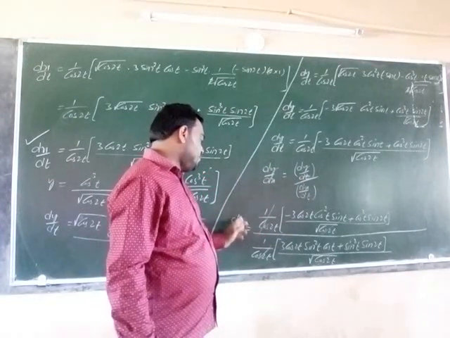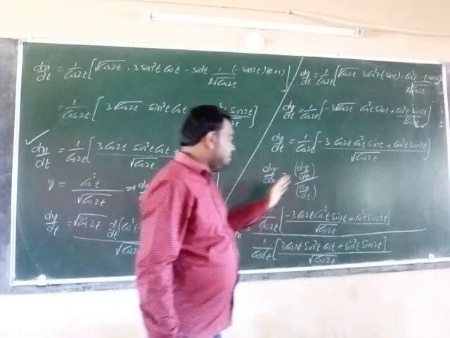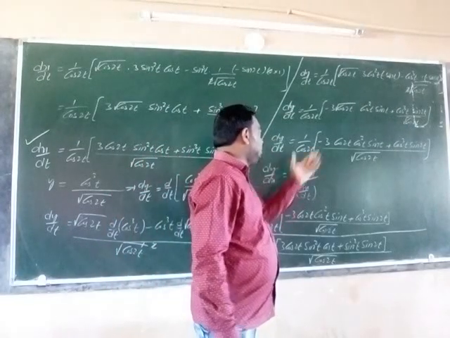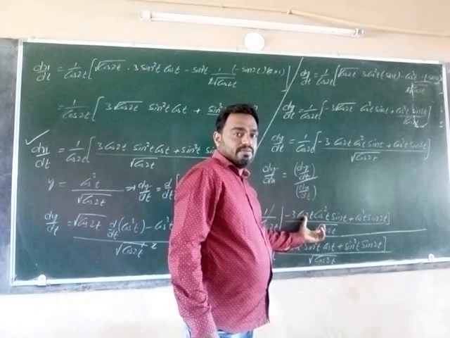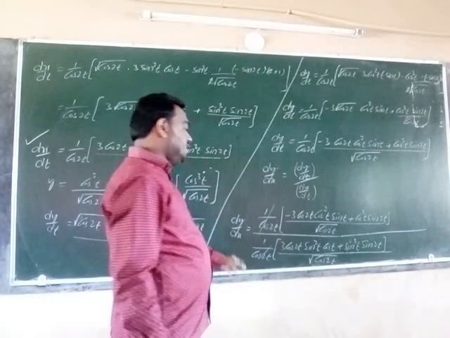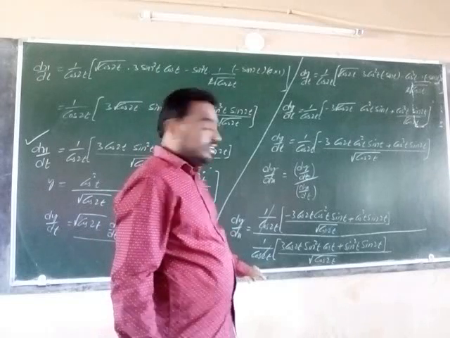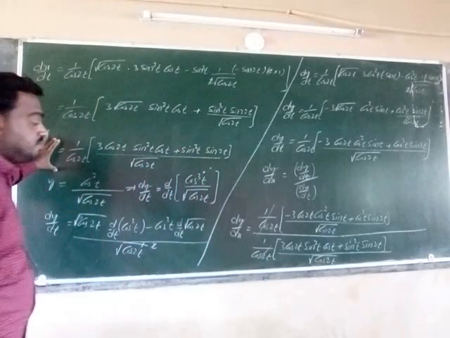Now dy by dt is this one completely, so substitute it. Next, substitute dx by dt, this is dx by dt.